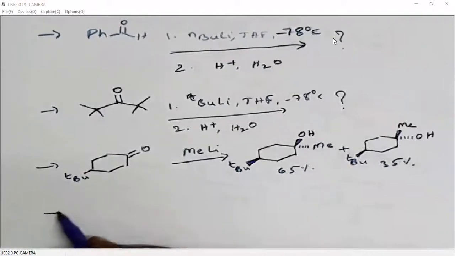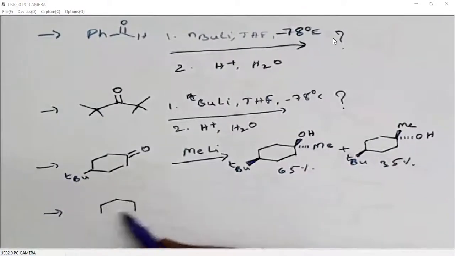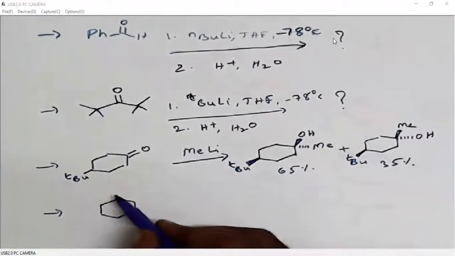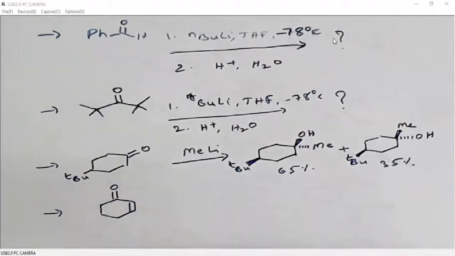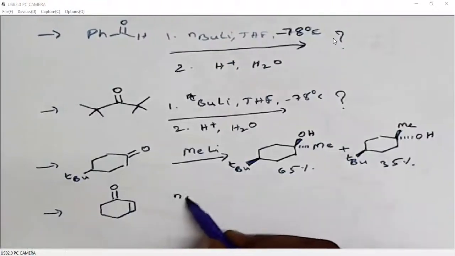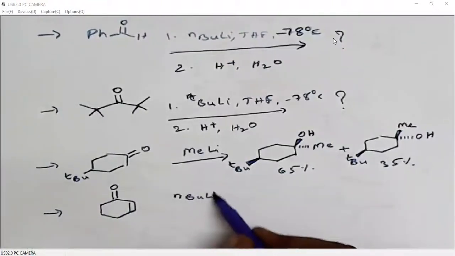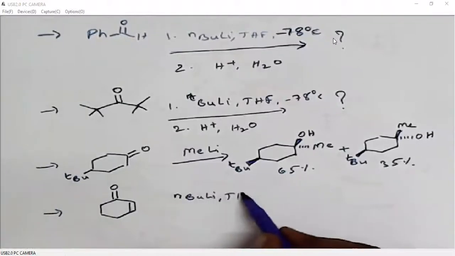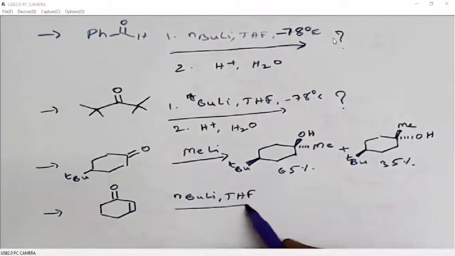Another important point regarding the nucleophilicity or nucleophilic strength of the alkyl lithium reagents is when we have an enone. What is an enone? Alpha, beta unsaturated carbonyl. An enone is a substrate for both 1,2 addition as well as 1,4 addition.